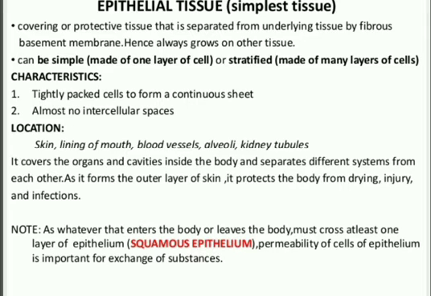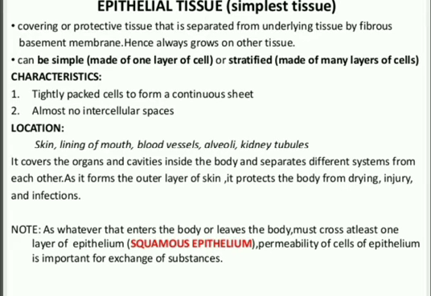They are simple also, having one type of layer, and stratified also, having many layers of cells. What are the characteristics? They are tightly packed cells forming a continuous sheet, and they have almost no intercellular space.